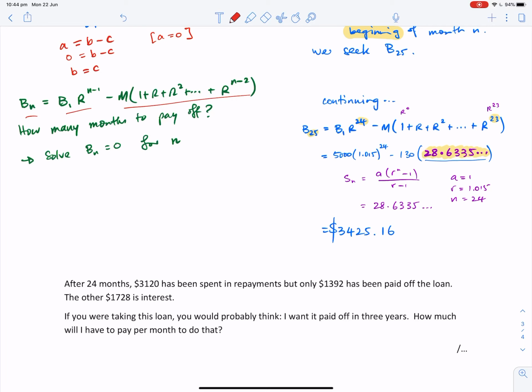So what we get here is that B1 R to the n minus 1 equals M times (1 plus R squared plus dot dot dot plus R to the n minus 2). Once again, these would have been neater if I started counting at 0, but that's fine.